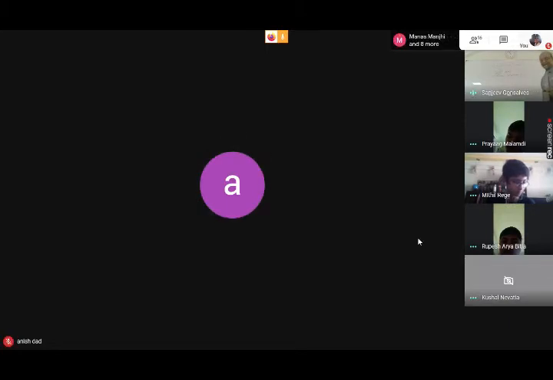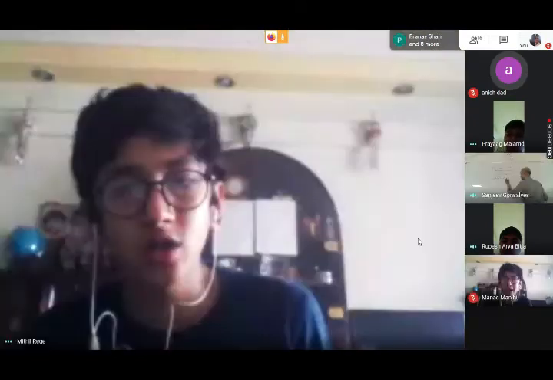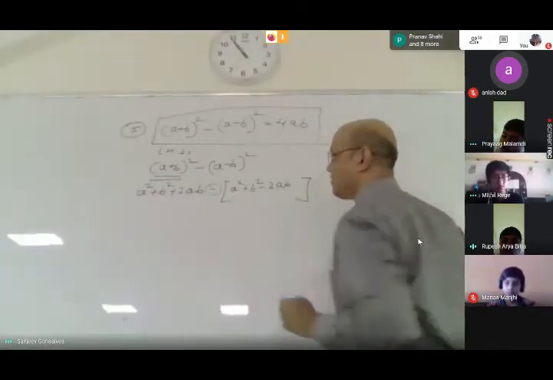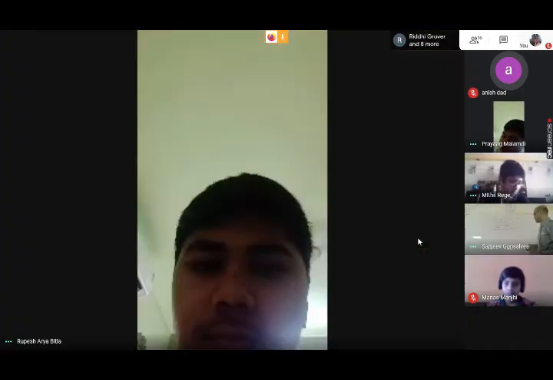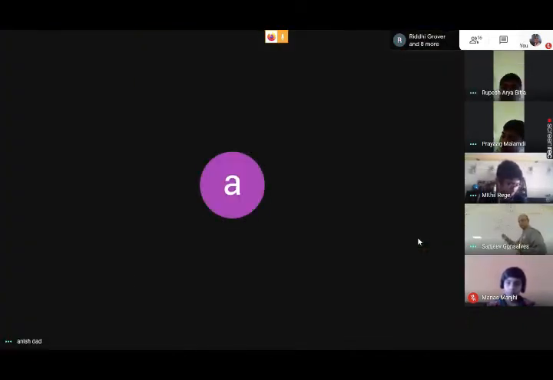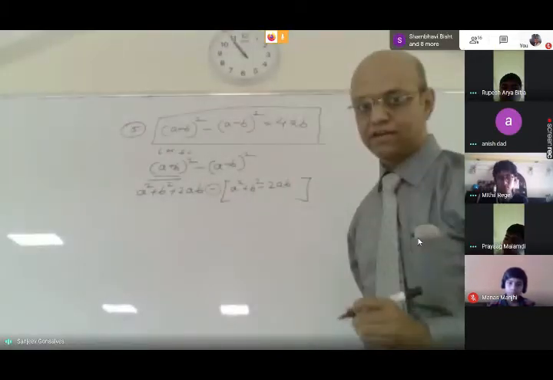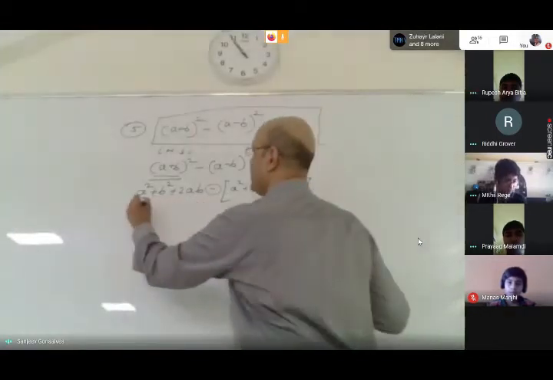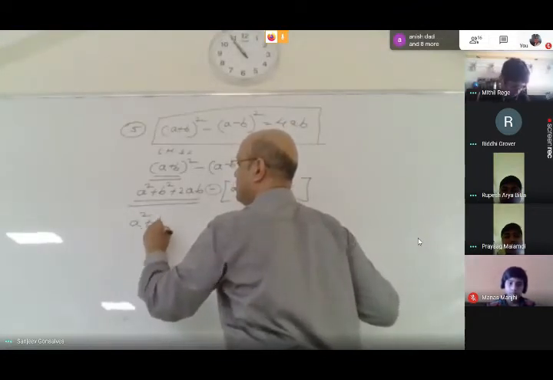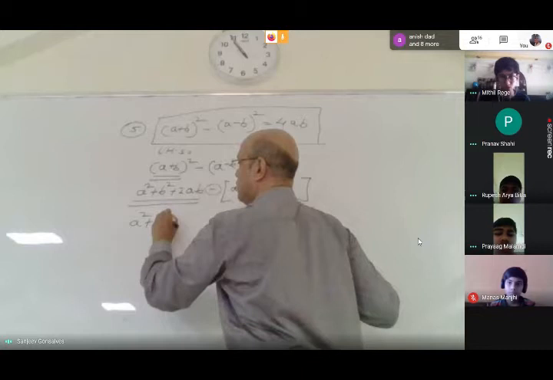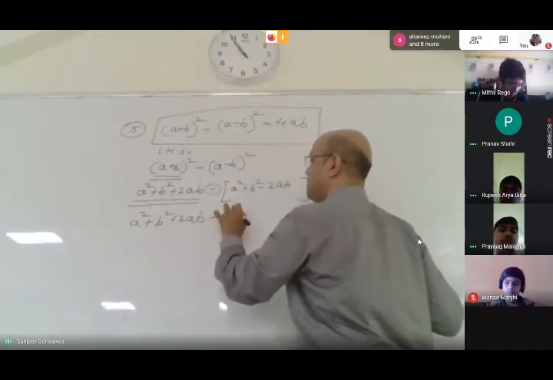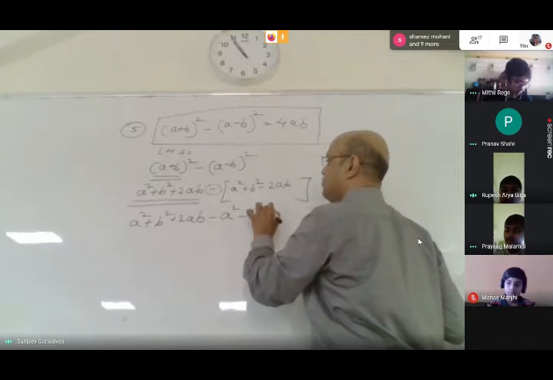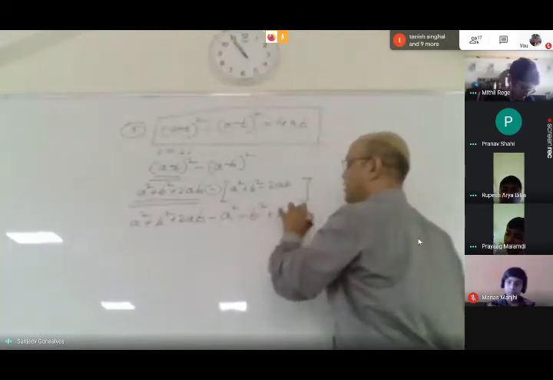Last year I had explained to you, whenever we are solving a bracket and before the bracket there is a minus sign, the sign inside the bracket gets changed. So this remains as it is: a square plus b square plus 2ab minus a square minus b square plus 2ab.